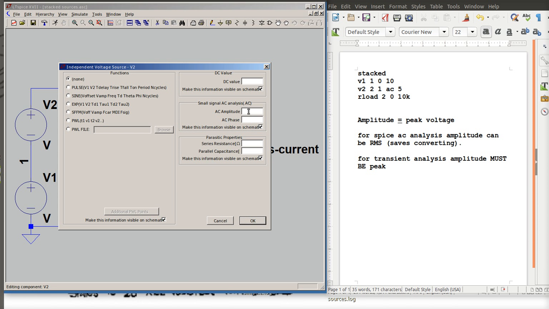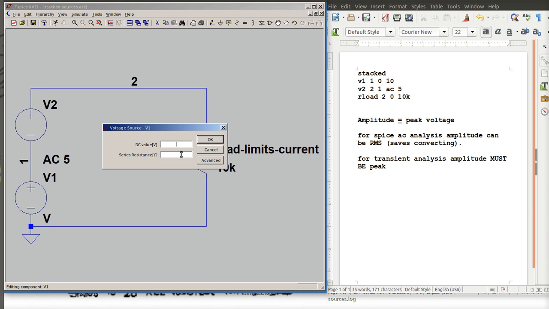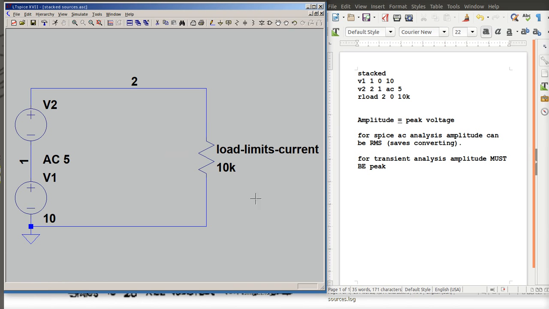So I've got to go in and put in my 5, and there we go. Okay, so V2 is AC 5, V1 is, I don't think I have 10 volts there. Let's get that in. And I'm doing that on the graphical side. Okay, so now my graphical circuit matches my netlist.